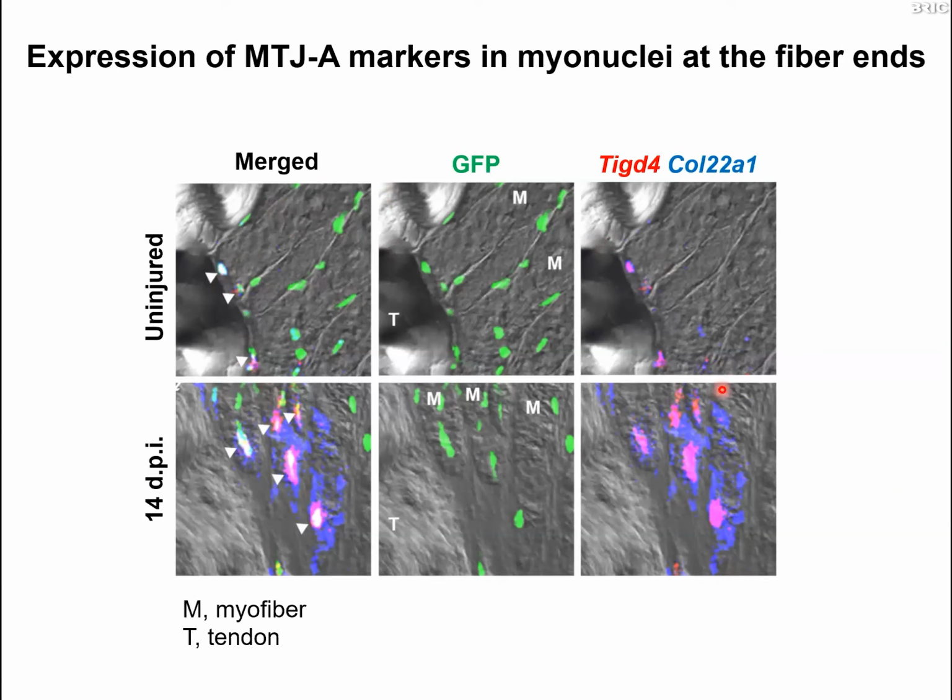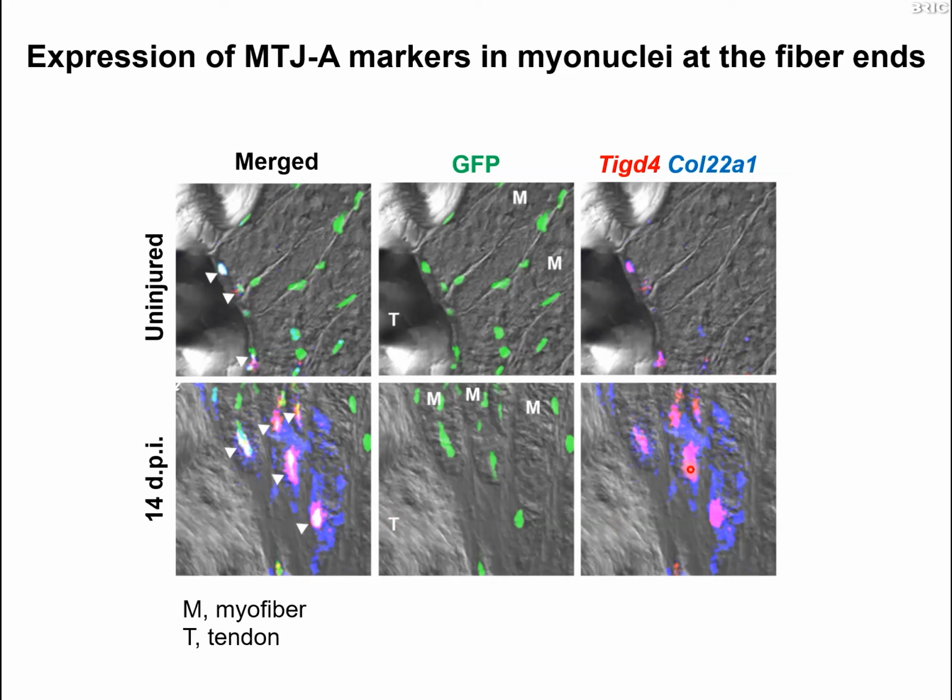And when we performed double in situ for TIGD4 and collagen 22A1, the two markers of MTJ-A, you can see that these transcripts are co-expressed in these nuclei, which are GFP positive and located exactly at the junction between the tendon and the myofibers. Now, when we look at the late time point of regeneration, their expressions became much more pronounced, indicating that the myotendinous junction is actively regenerating at this stage too.